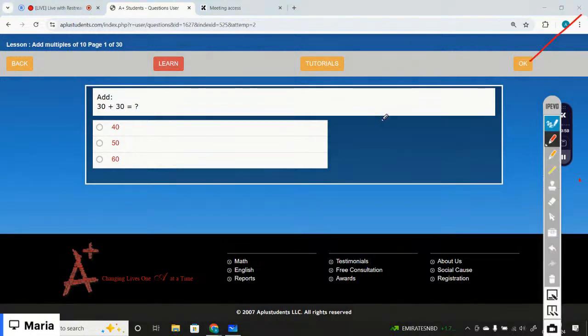Let's just write them down one above the other, right? Now add the digits that are at the ones position. They are 0 plus 0. So 0 plus 0 is 0. Now add the digits that are at the tens position. So 3 plus 3 is 6. Very good. The correct option is 60. Option number 3 is the correct option.